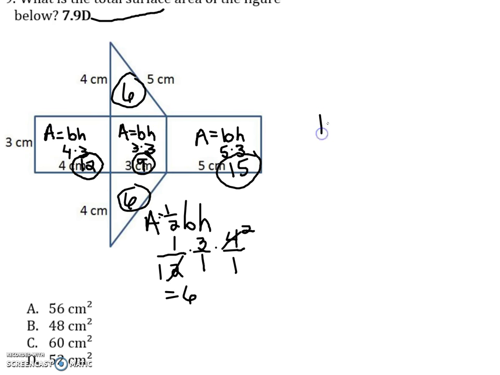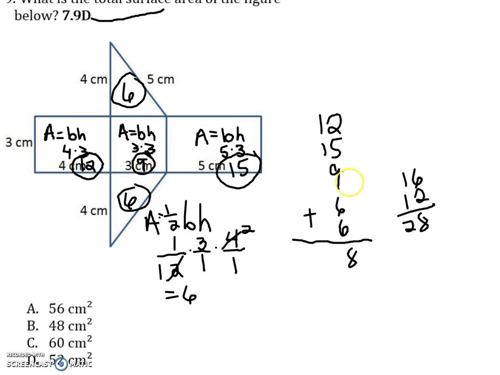Okay, so we need to add up 12 plus 15 plus 9 plus 6 plus 6. All right, so we have 6 plus 9 is 15. 15 plus 12 will get me 27. 2, 3, 4. We have a total surface area of 48 centimeters squared.